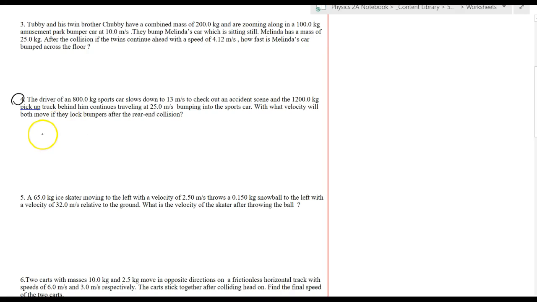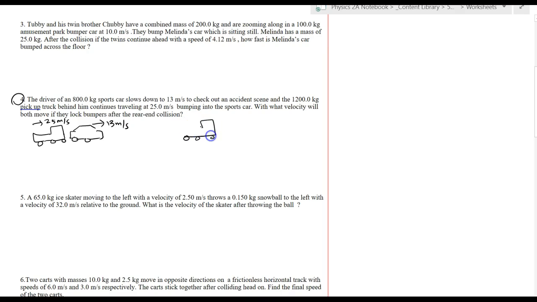So we have a truck and we have a sports car. So the car was moving at 30 meters per second, and because it suddenly slowed down, the truck that was moving at 25 rear-ended the car. And after the collision, they are both stuck.